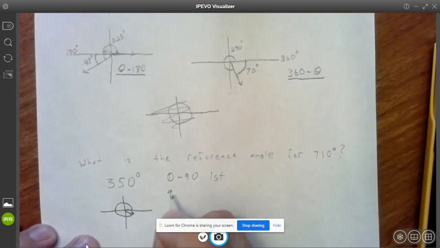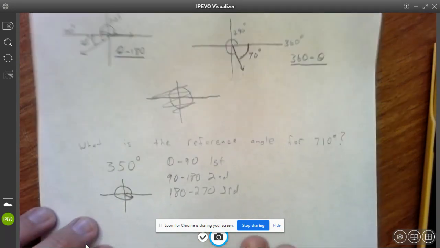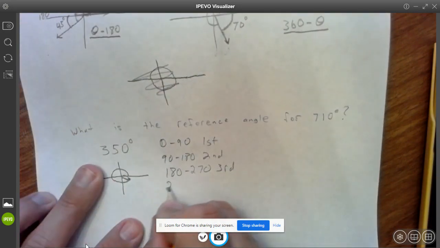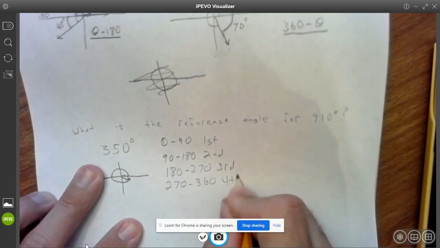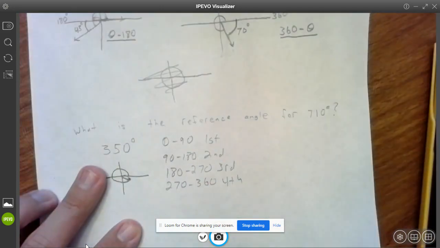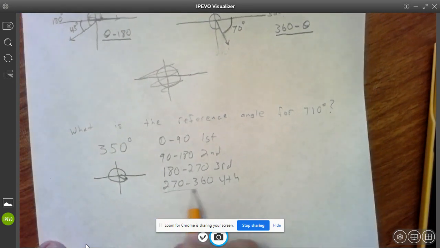Between 90 and 180 is the second quadrant. Between 180 and 270 is the third quadrant. And between 270 and 360, obviously that's the fourth quadrant. Because it's 350, it falls in the fourth quadrant.